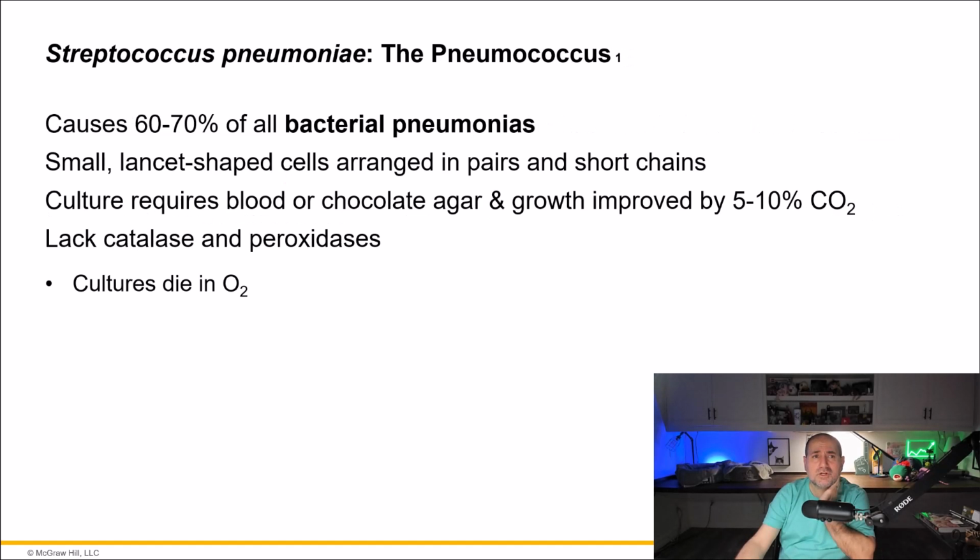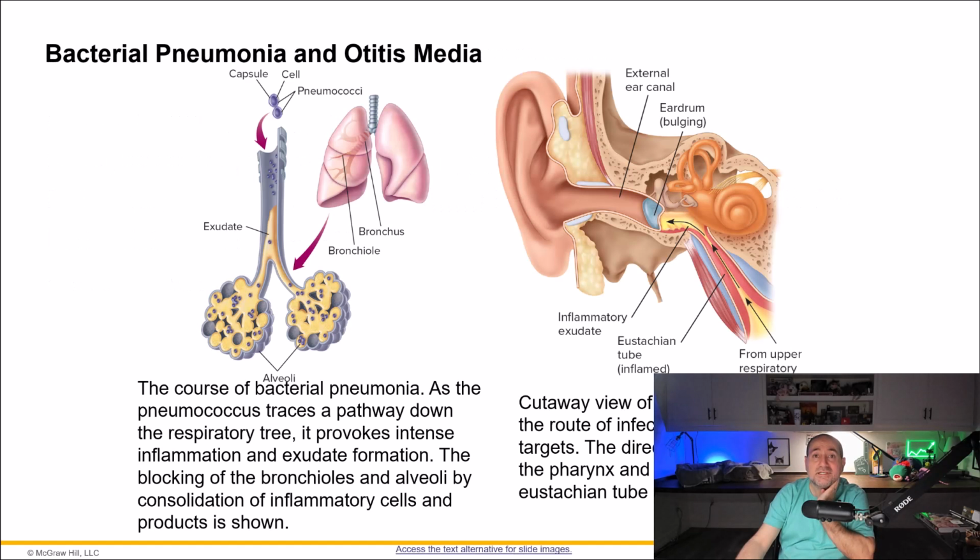And then Streptococcus pneumoniae was so important. Do you remember? It caused about 60 to 70% of all bacterial pneumonias. But you should know that it can also cause otitis media, that infection and inflammation and swelling, right? The bulging of the middle ear.